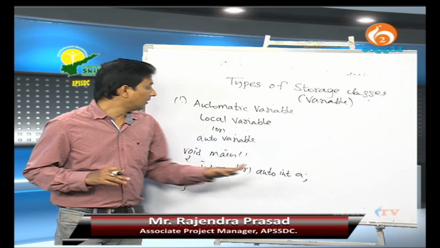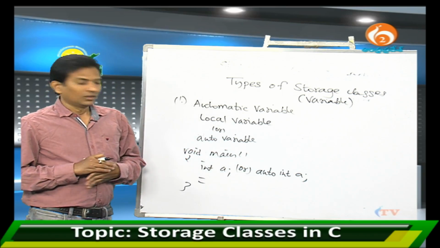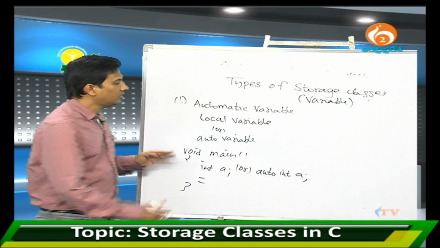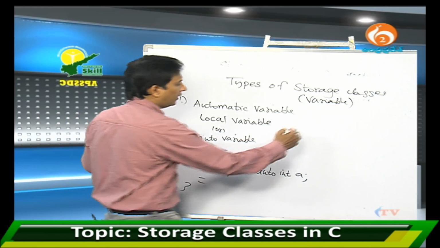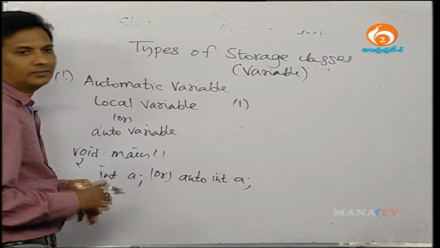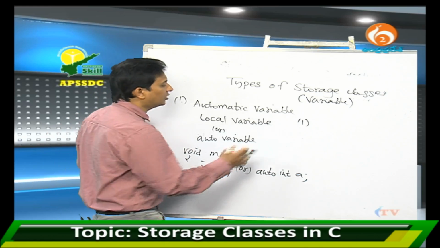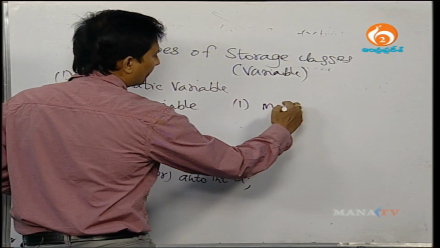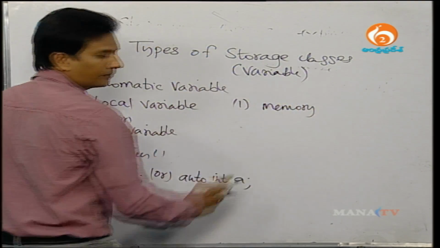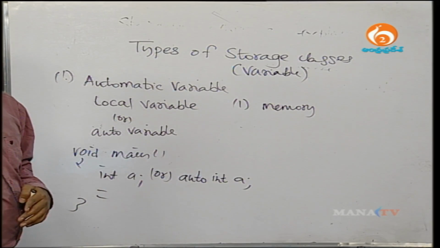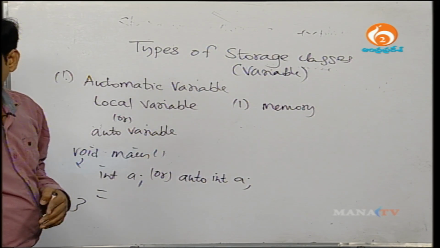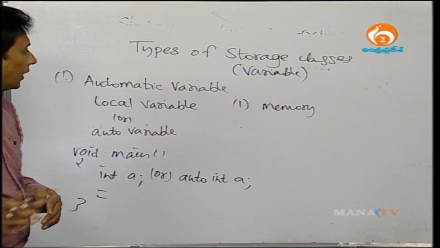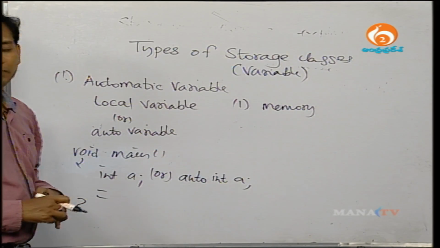If it is declared inside the function, then it becomes an automatic variable or local variable. The next point: what is the initial value of the automatic variable? First point, where it is stored: it is stored in memory, in RAM.